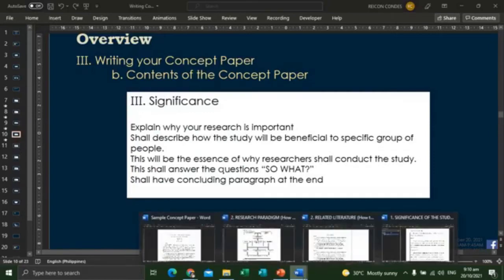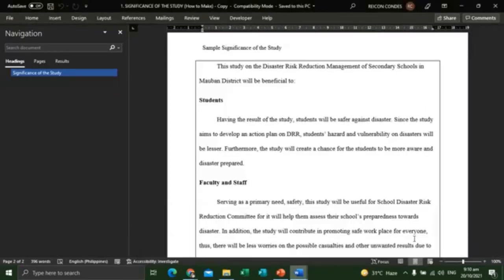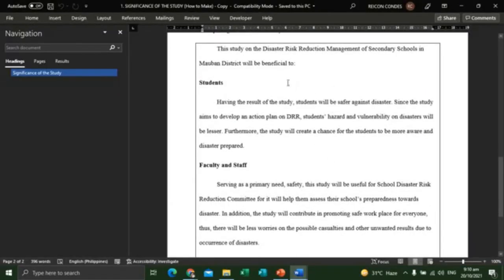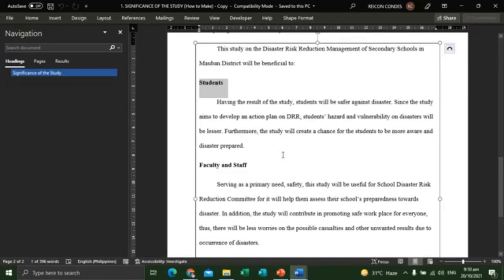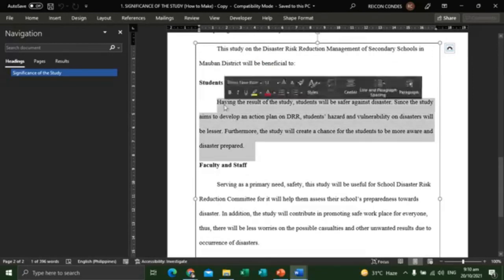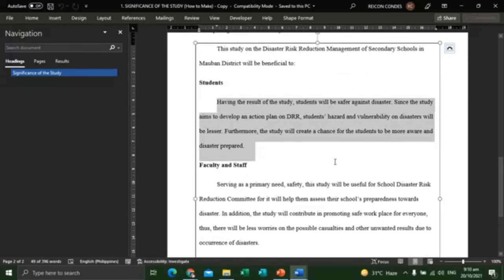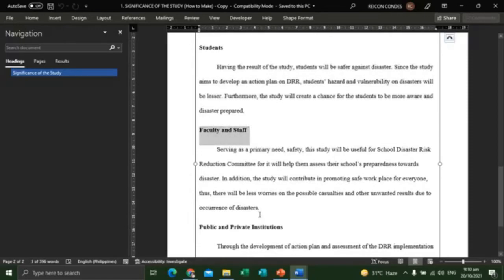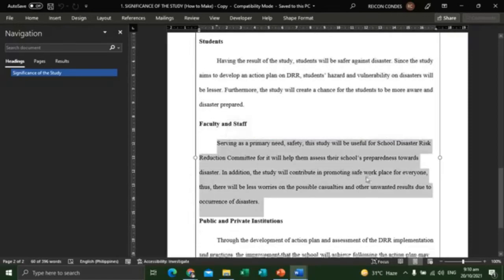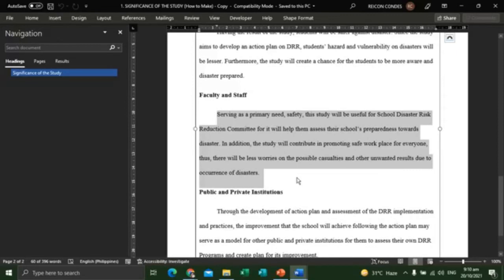Now, let me show you a sample of significance of this study or significance of the project. So, you may indicate a specific group of people, papaano sila makikinabang in the most realistic way.